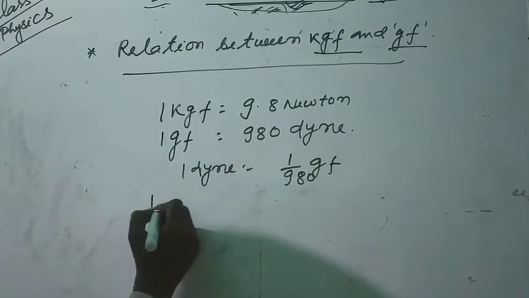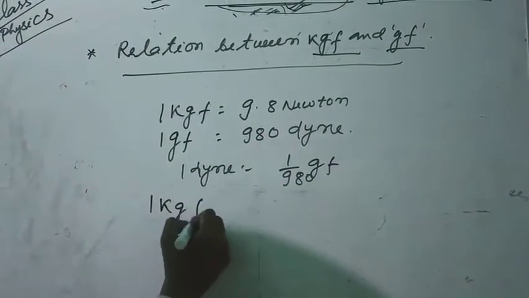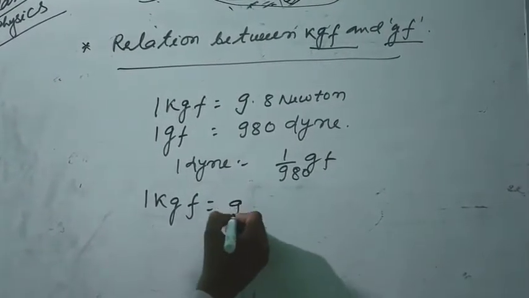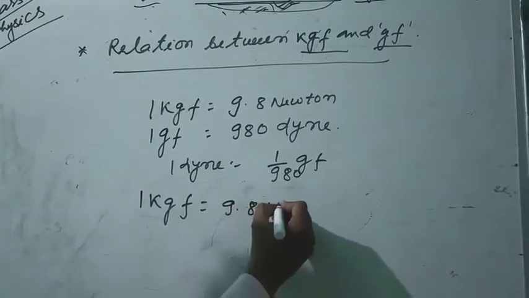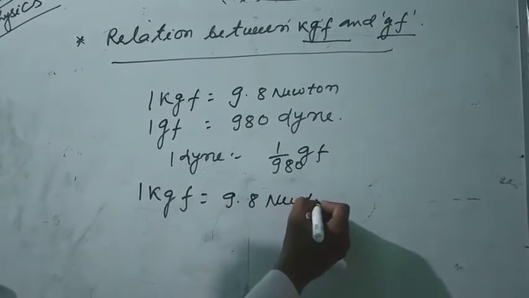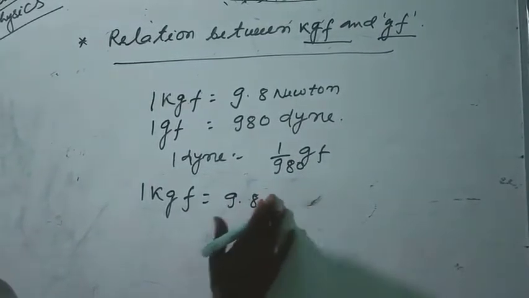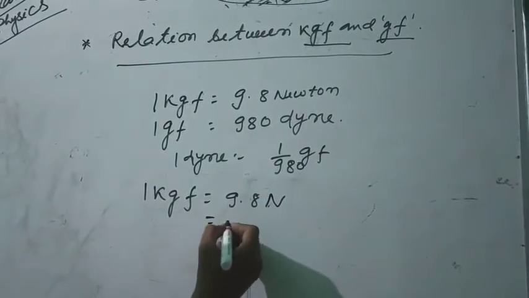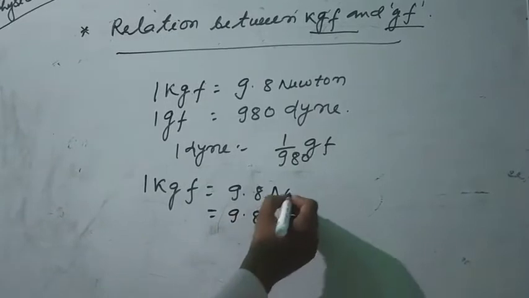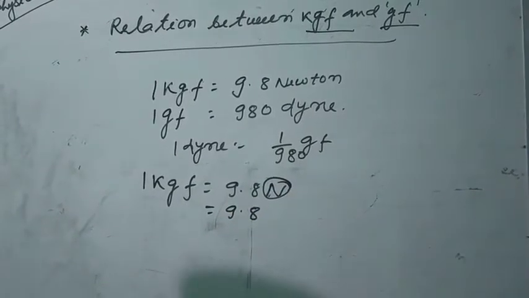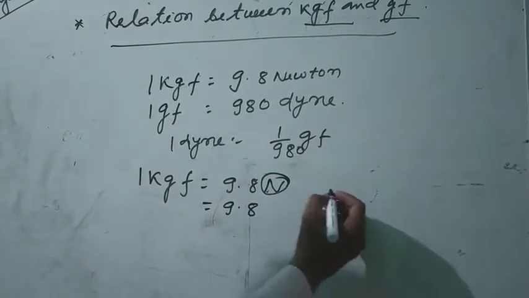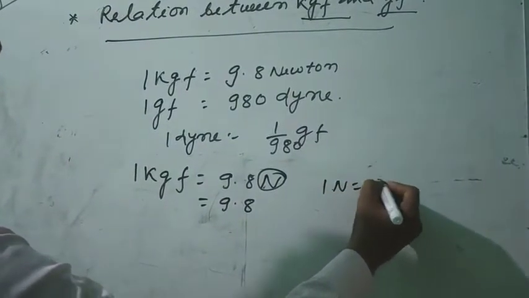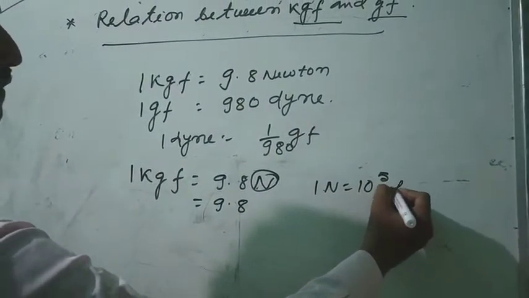1 kilogram force is equal to 9.8 Newton. We know that 1 Newton is equal to 10 to the power 5 dyne.